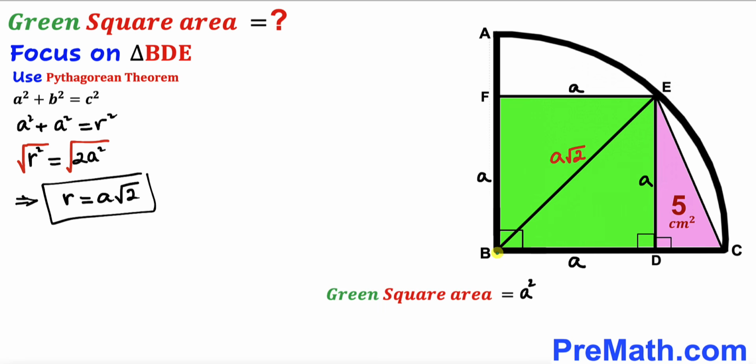Now let's make an observation. We can see this BC side length represents the radius r as well, and our radius r value is a times the square root of 2. So this whole base BC length is simply a times the square root of 2.